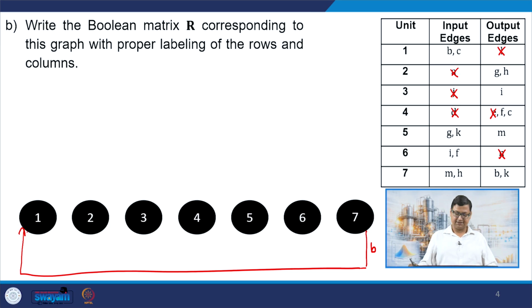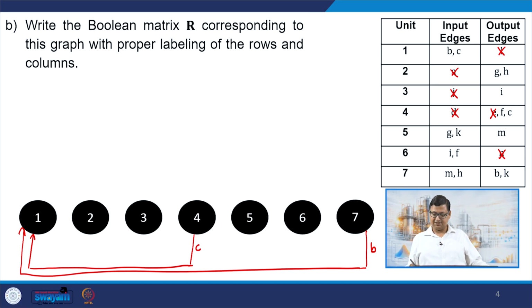C is coming as an input to 1 from 4, and D was an interface, we do not consider that. E was an interface, we do not consider that.